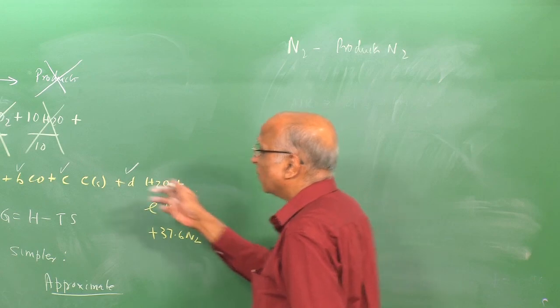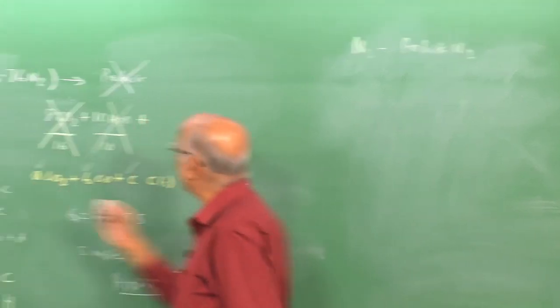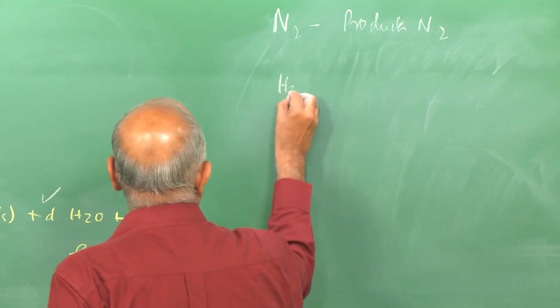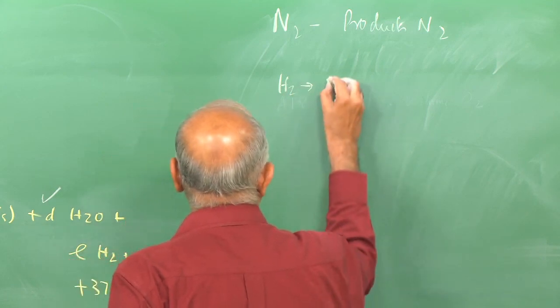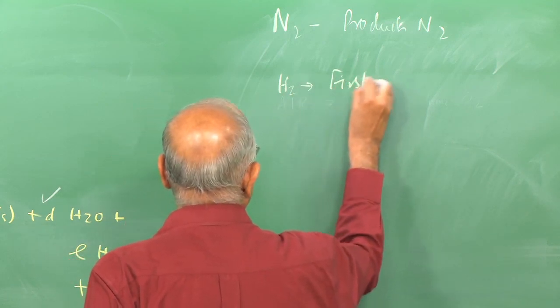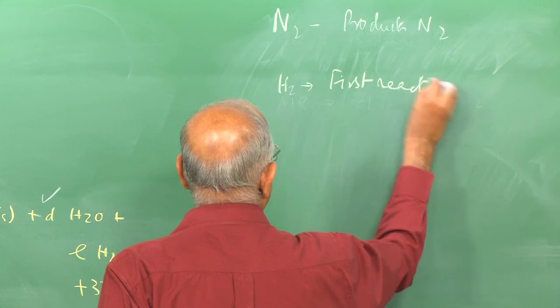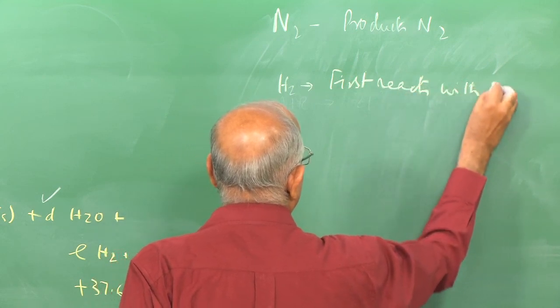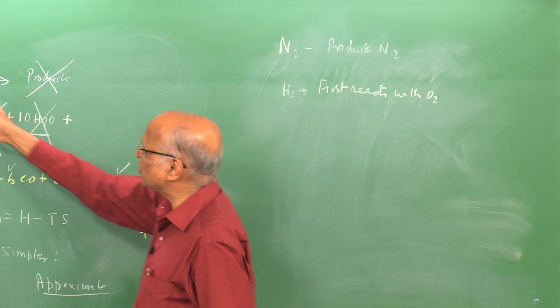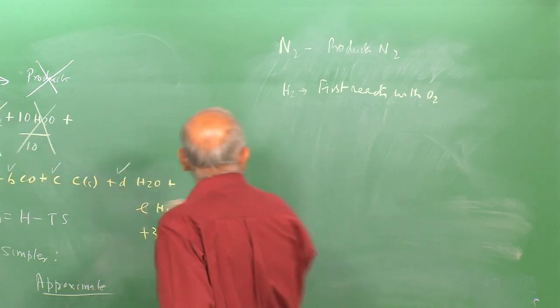Then, if I have carbon and hydrogen in the fuel, hydrogen being more reactive first reacts with oxygen, and it tries to consume as much oxygen as it requires to form water.